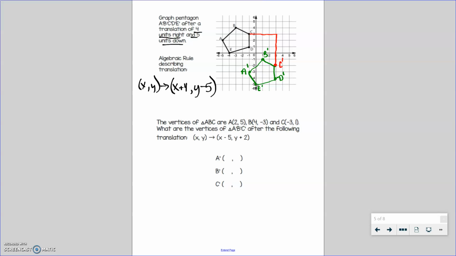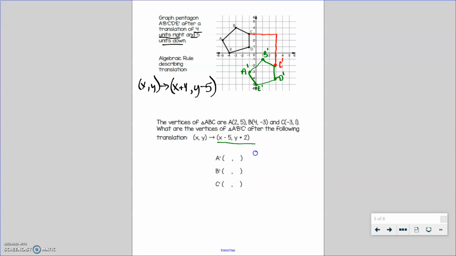Okay. Last but not least, we have the vertices of triangle ABC. A is 2 comma 5, B is 4, negative 3, and C is negative 3, 1. What are the vertices after following the translation? X minus 5 and y plus 2.